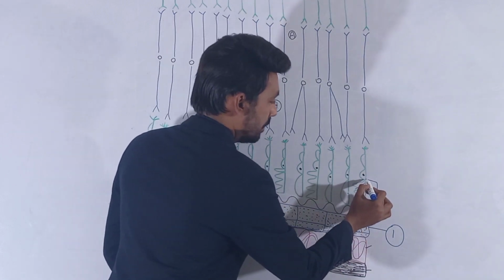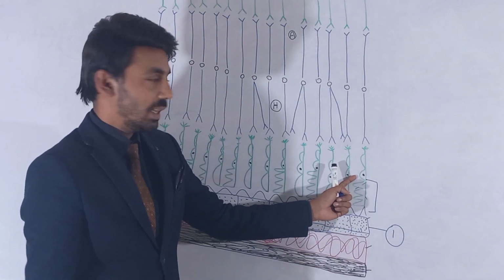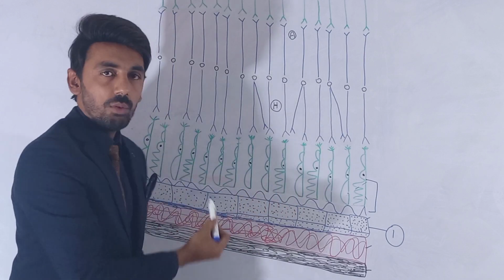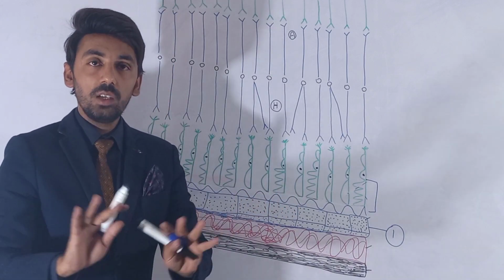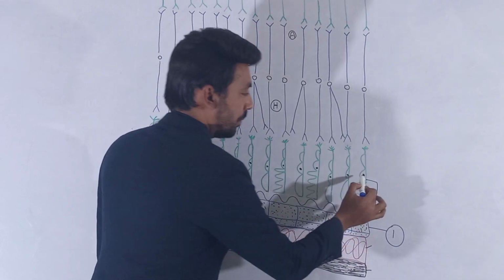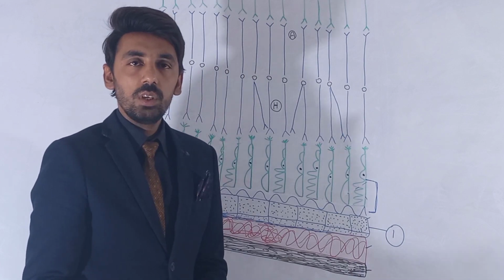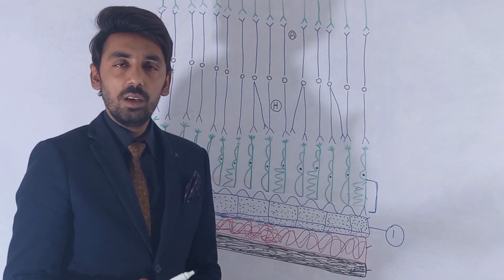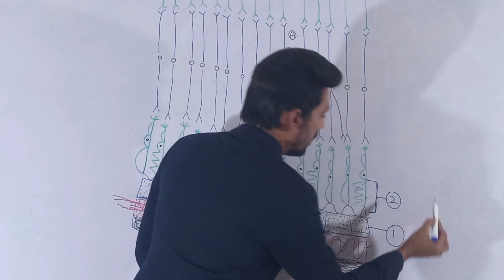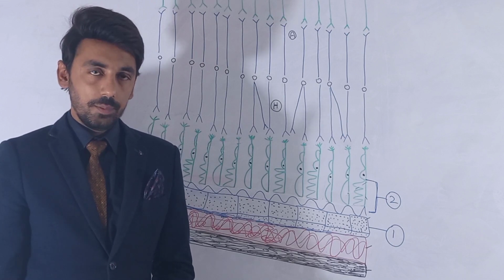As you can see, these dots in the black marker are the nucleus of the photoreceptor cells. I'm not talking about this. The portion before this nucleus is the photoreceptor layer, or the layer of the rods and cones. This is the second layer of the retina, right?